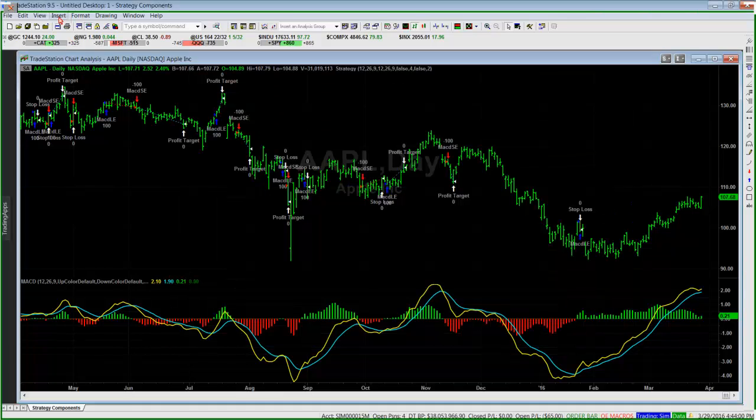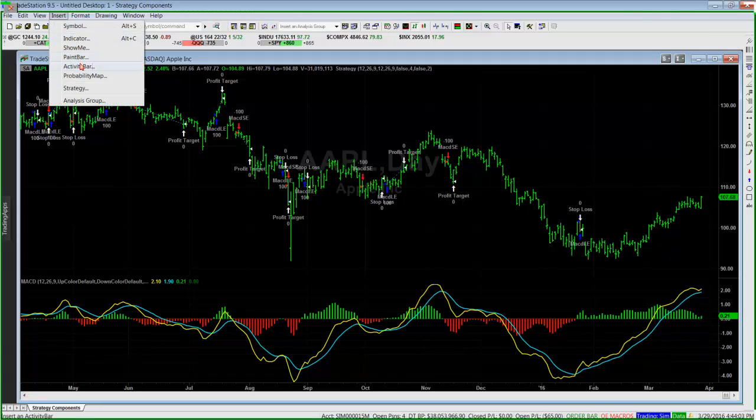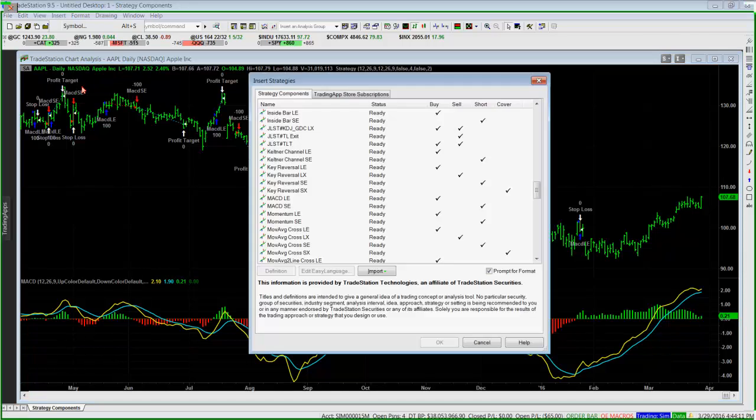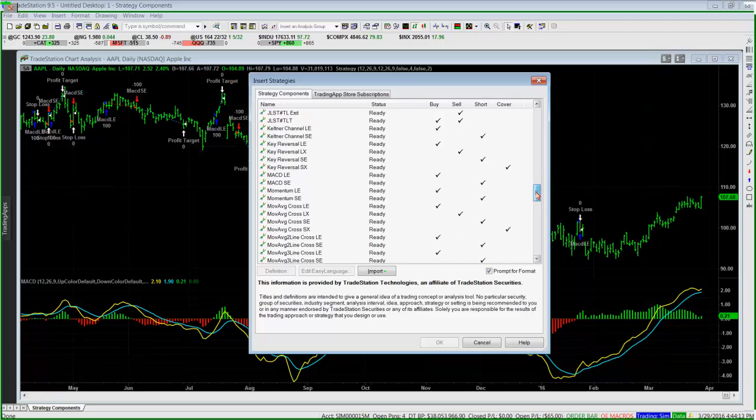Built into TradeStation are dozens and dozens of strategy components that you can mix and match to test just about any idea. Here I'm going to go to Insert Strategy. Here you can see the list of strategy components. And notice that each strategy has a code at the end after the name, which tells you what type of order that strategy is going to generate.